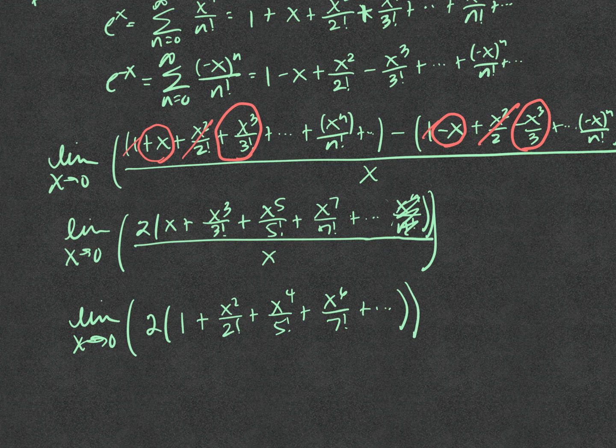Now, as x approaches 0, this is a nice, really pretty problem. When I plug in 0, this goes to 0, this becomes 0, and so forth for all of them. So the limit is 2. It's a nice, simple problem. The key to these is to make sure that you're using the series that they've given you and the binomial expansion.